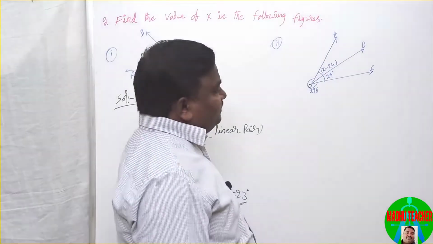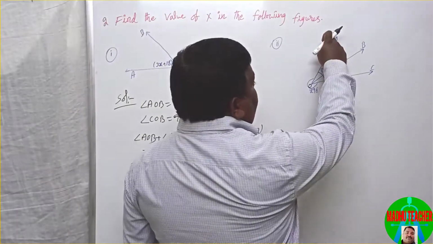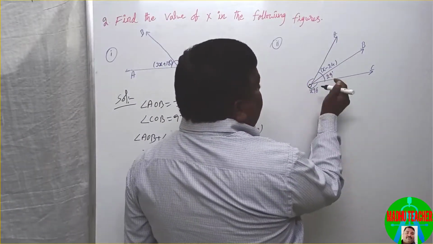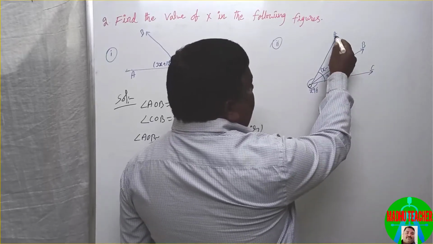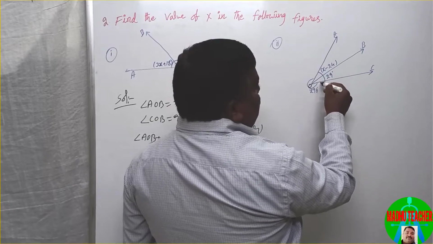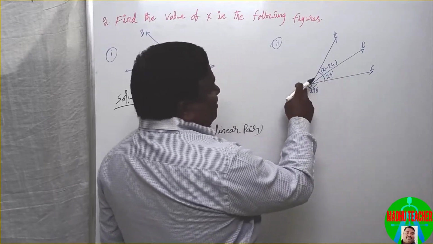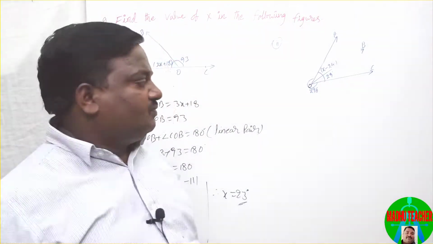Second one is: angle AOB equal to x minus 24, angle BOC equal to 29 and AOC equal to 296. This is a reflex angle.